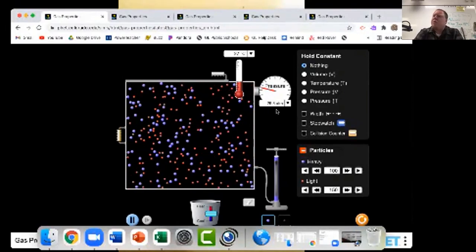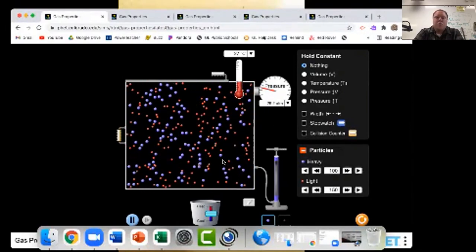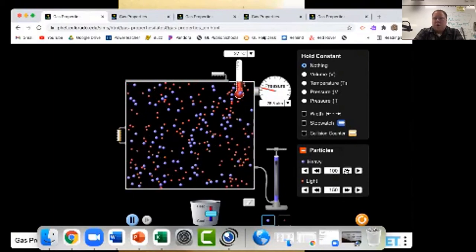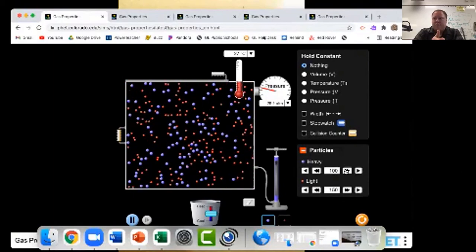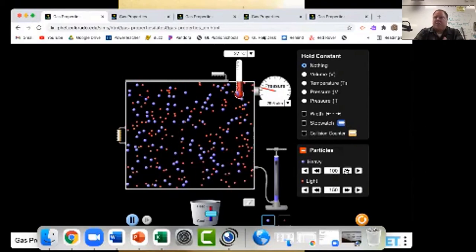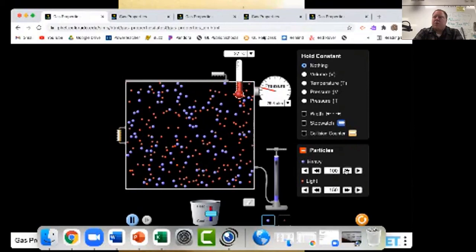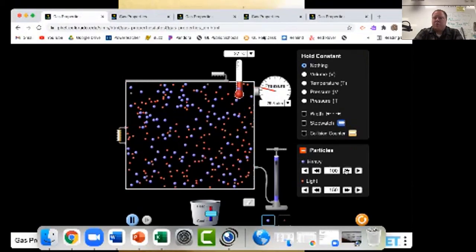What do you guys think the pressure is going to be if I remove the blue ones? Okay, with just the blue, it was 11. With blue and the red, it's 29. So if I remove the blue ones, what do you think the pressure is going to be with just the red ones there?